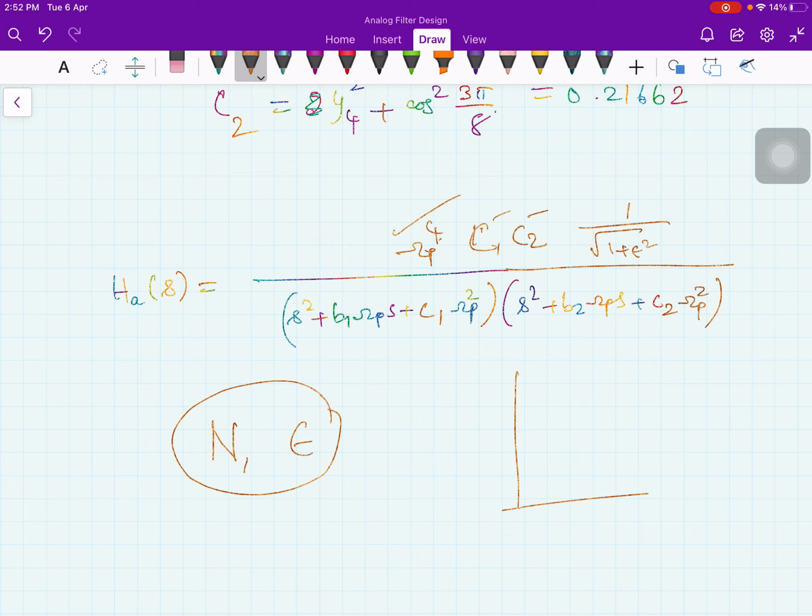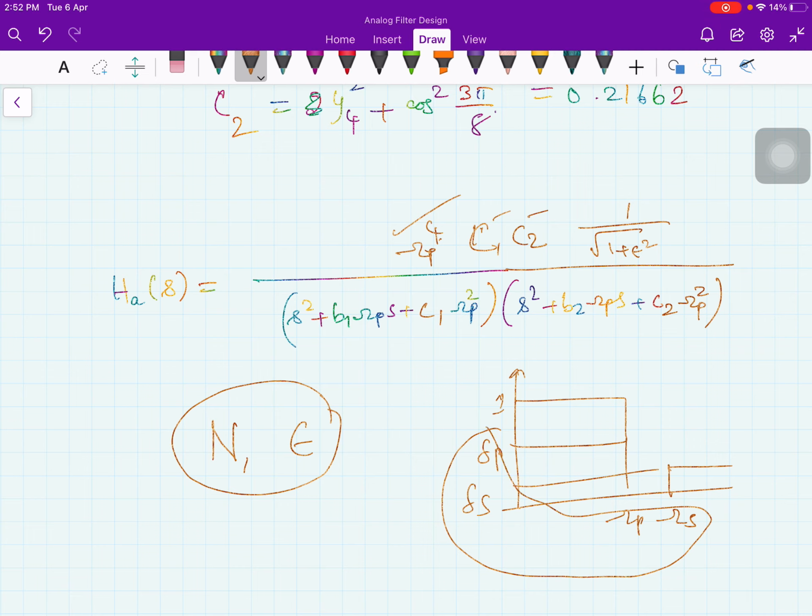As I said, the specifications are the pass band and stop band attenuation, pass band frequency, stop band frequency, and these 4 specifications we need to find out the order and epsilon. That we will discuss in the next lecture.